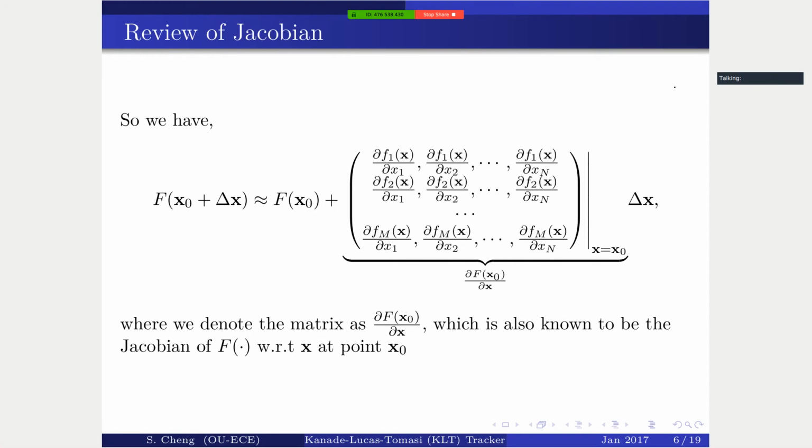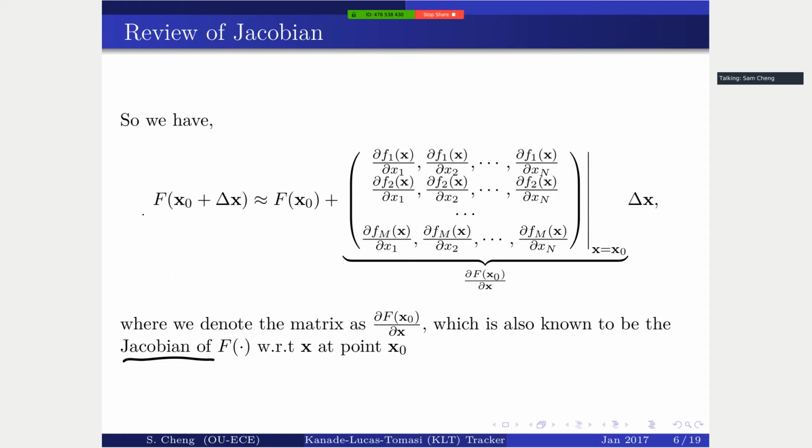I'm not sure how many of you know this, but it is known as the Jacobian. I know Israel is nodding. Did you guys see that in other classes? Yes. So this is the general case.